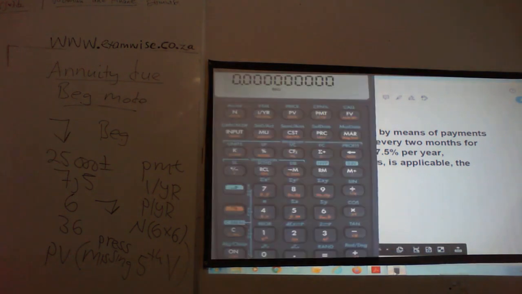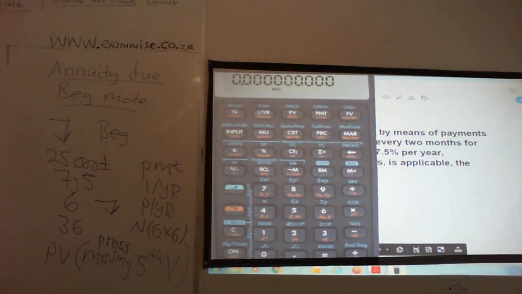So let us go to our HP calculator. Here we have already cleared our memory. So we start by saying 25,000, and then plus or minus, then we have PMT, then we have 7.5, and then we press 1 over YR.